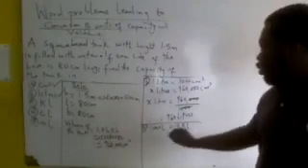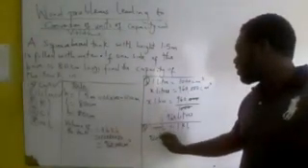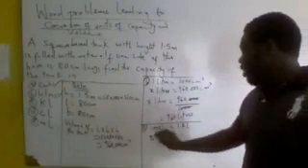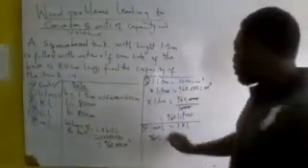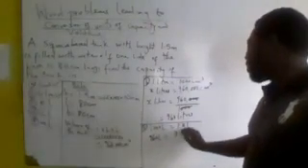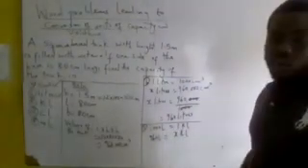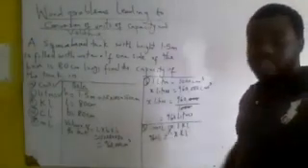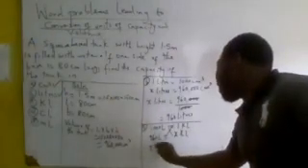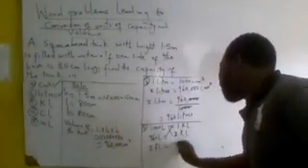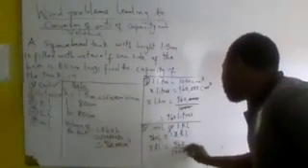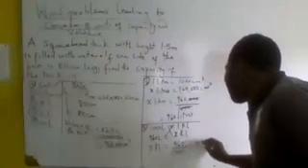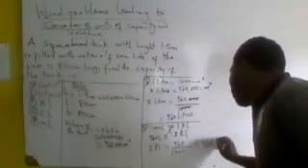For this question, you have 960 liters, which equals X kiloliters. So we cross multiply. X kiloliters will be 960 divided by 1,000, which is 0.96 kiloliter. So you answered that of kiloliter.